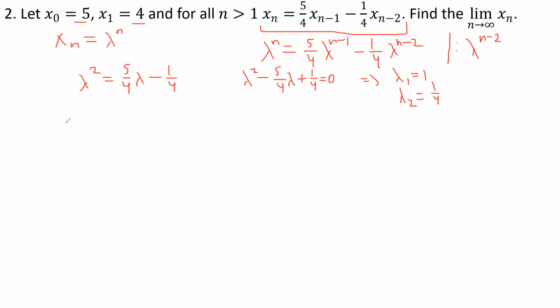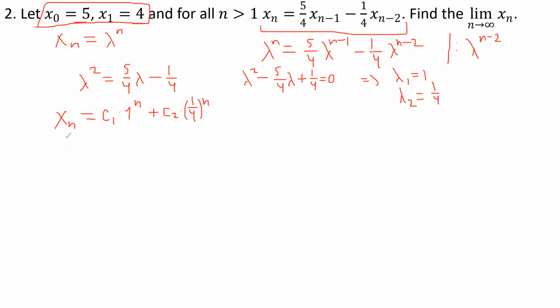So the common solution of this will be some constant C1 times 1 to the power of n plus some constant C2 times 1/4 to the power of n. Well, 1 to the power of n is 1, so it's easy. How to find this C1, C2? We will use these conditions.